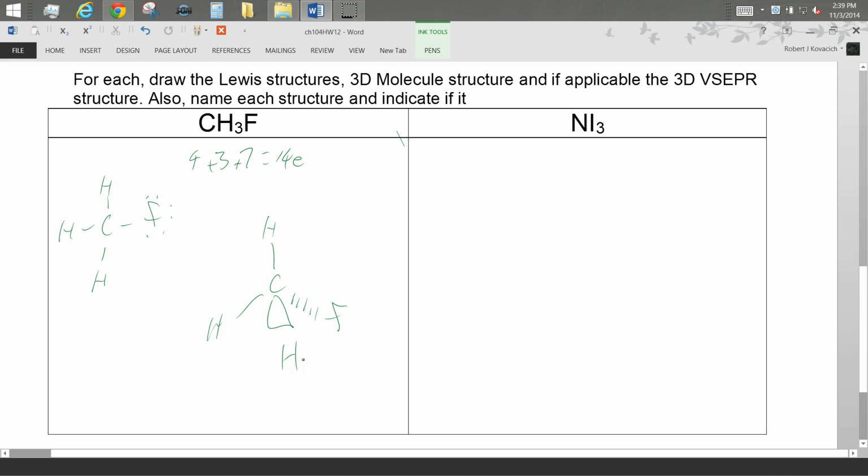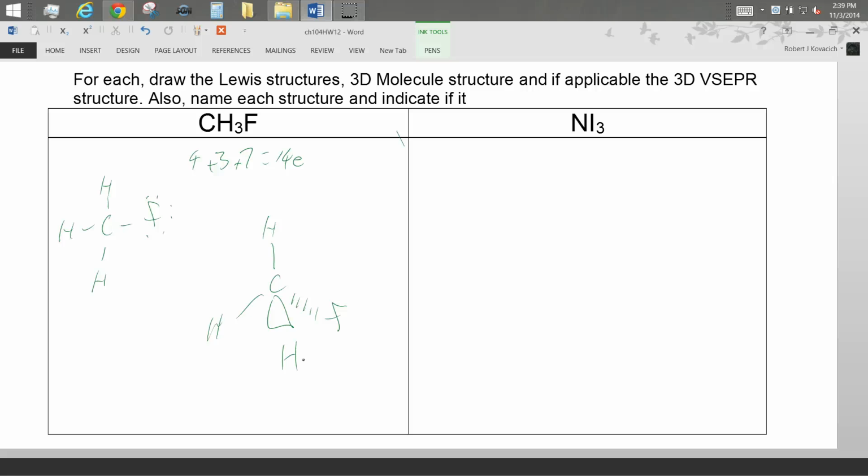No, totally doesn't. Here's my tetrahedral structure. Changing the position where I draw it is just like me doing this. Is it a different molecule? No.